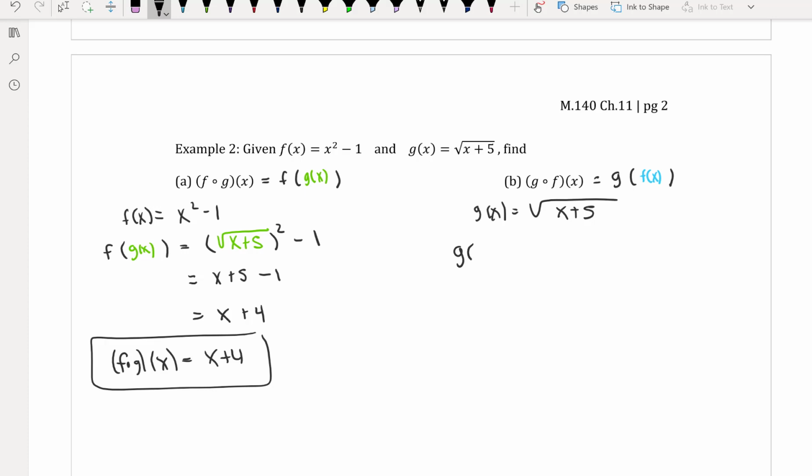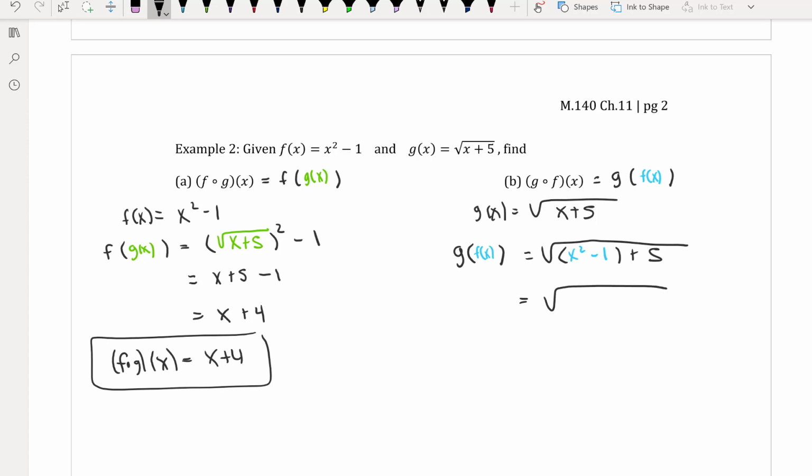So now if I have g and I'm plugging in my f function, what does that look like? Well, it looks like I have a square root and I have my x plus 5. So that function f that I'm plugging in is going to be x squared minus 1.